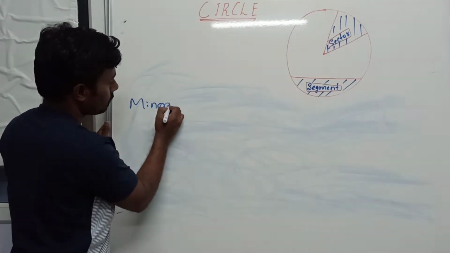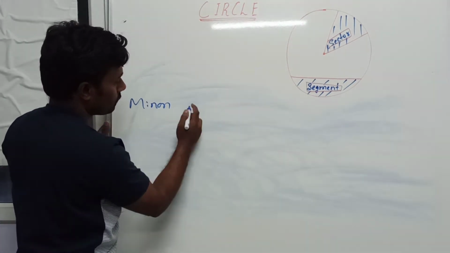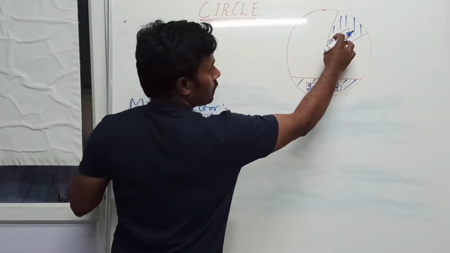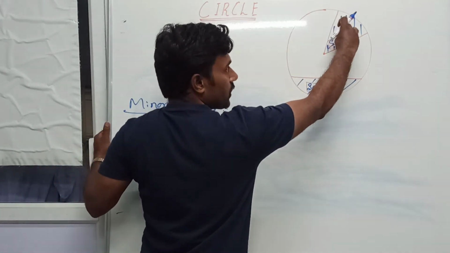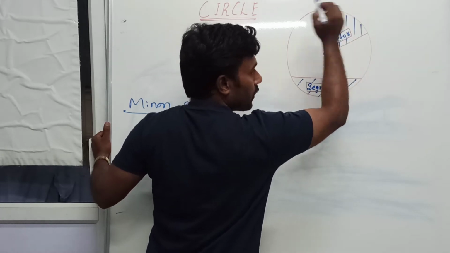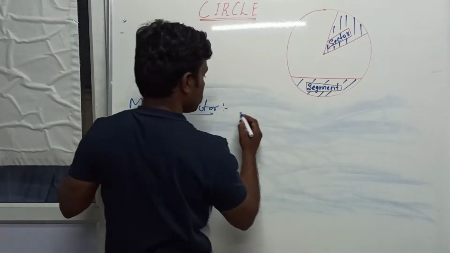Minor sector. This is a minor sector because this area is bounded by two radii and an arc, and this arc is a minor arc.